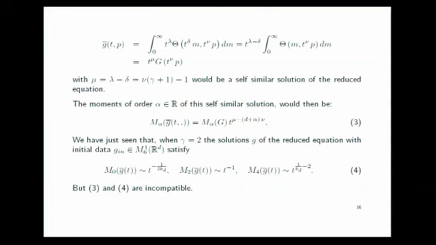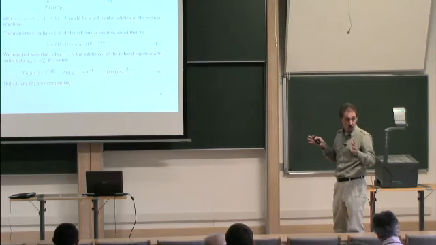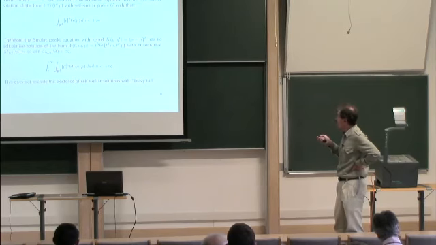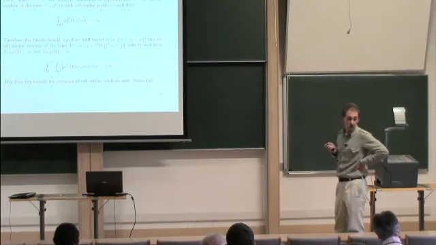And for that solution, you know exactly the decay of the moments. And you observe that the result that you obtain in the estimates of the moments are incompatible with the decay of the momentum given by the self-similar shape of the solution, whenever the profile of the solution has a sixth moment with respect to the momentum.